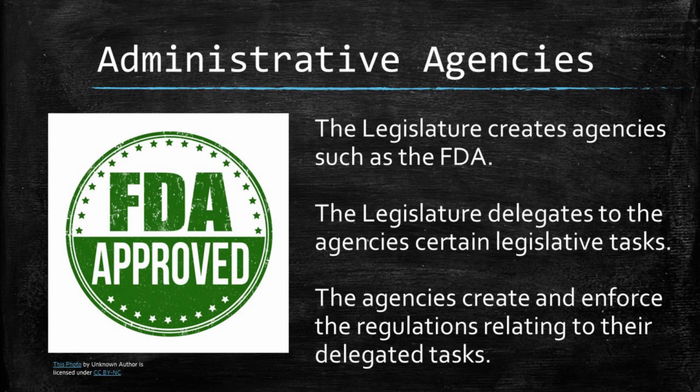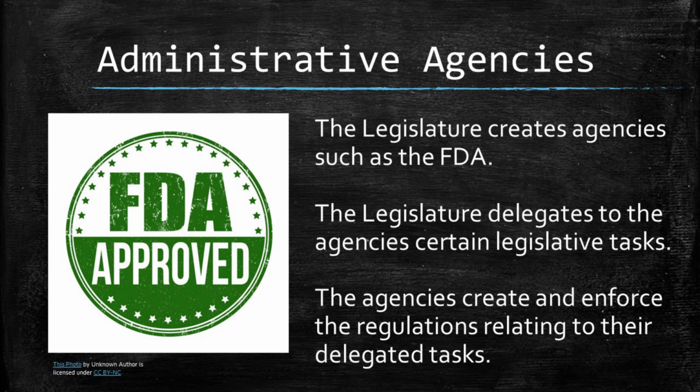So the question becomes, how do they get this power? How does somebody in the Department of Agriculture get to say how many bugs are allowed in a particular jar of jam, or what we call jam versus what we call jelly? That is all power that's delegated to the agency by the legislature.